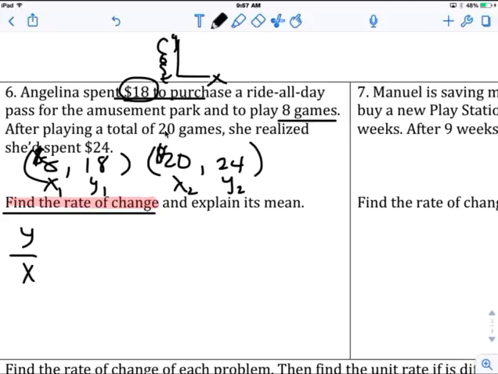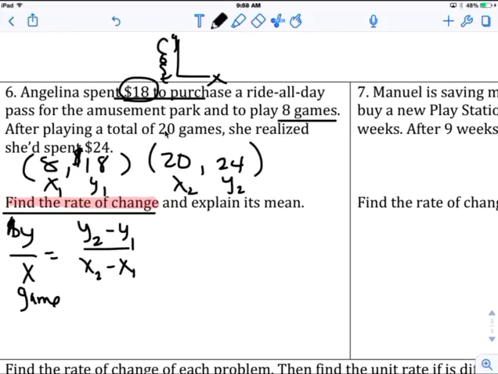Oh no, sorry, it's not dollar. That's 8 games. So x is games. Y is the dollar, $18. So y2 minus y1 over x2 minus x1. 24 minus 18, 20 minus 8.